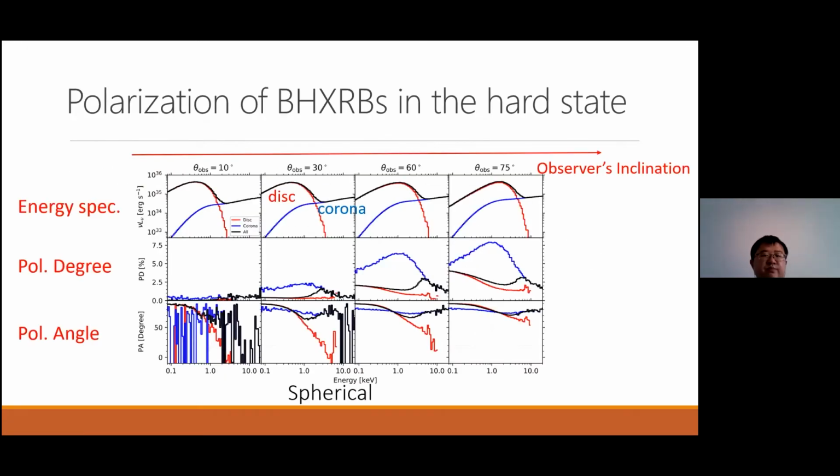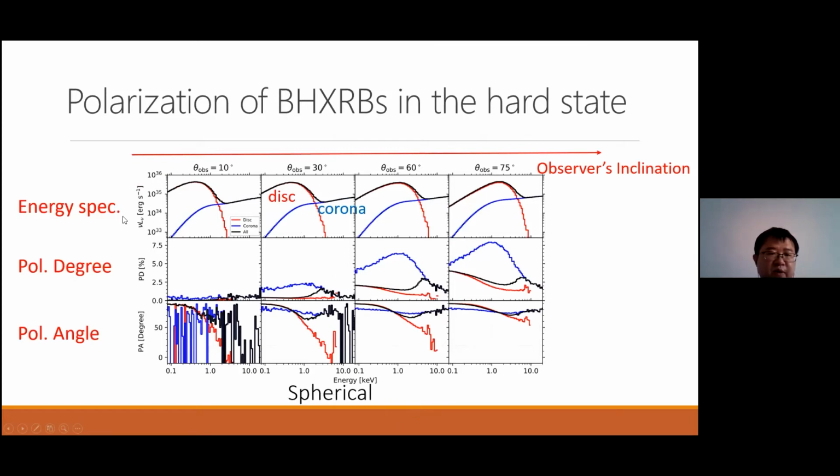So in this case, I just show the polarization of black hole for one case where the corona is spherical.